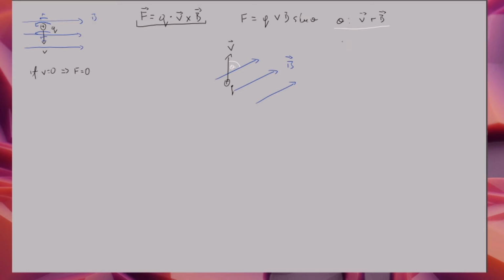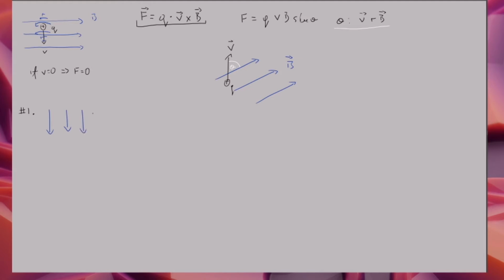All right, so let's do a sample problem. Number 1. We're going to do a straightforward one just so that you see how this equation is applied. Let's say that our magnetic field points like this, just points down.